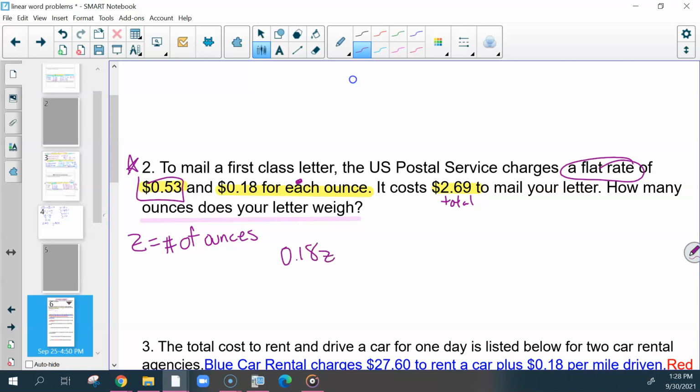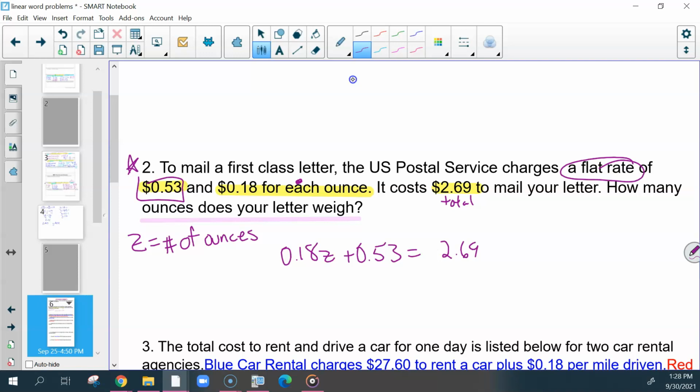I know those two are multiplying. Because it says it costs $2.69, and that's the total, I have to add these two things together to get that 2.69.